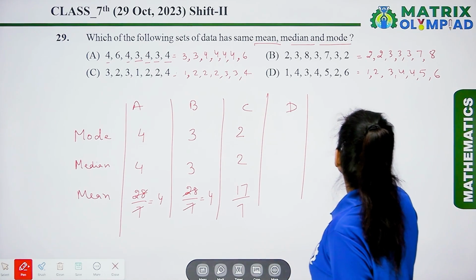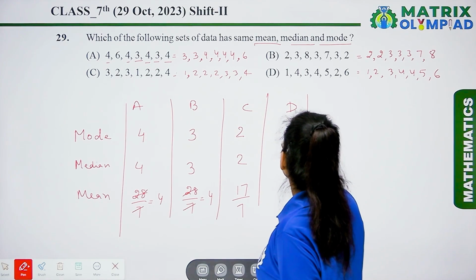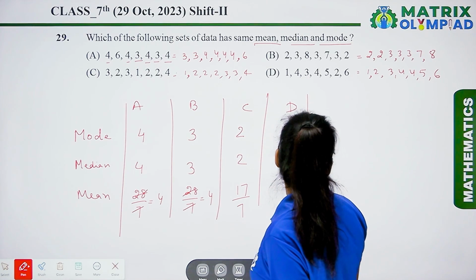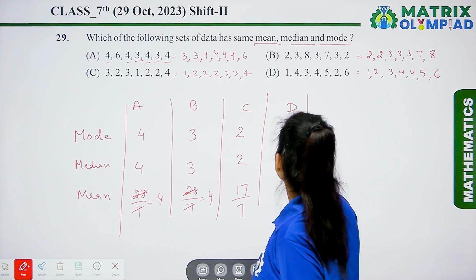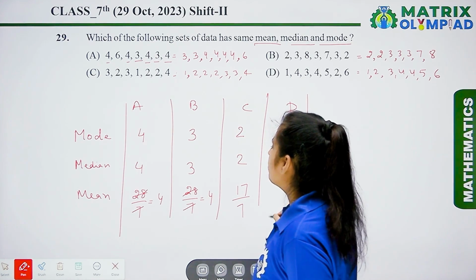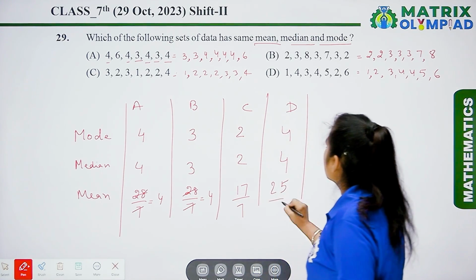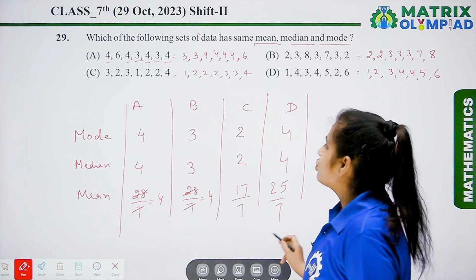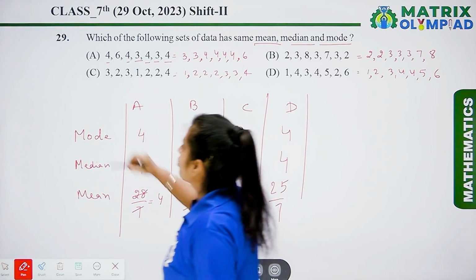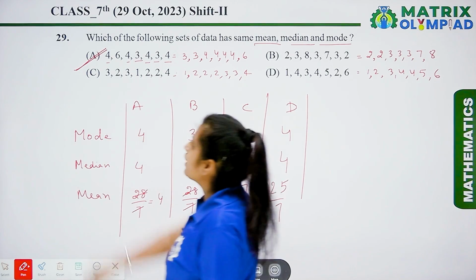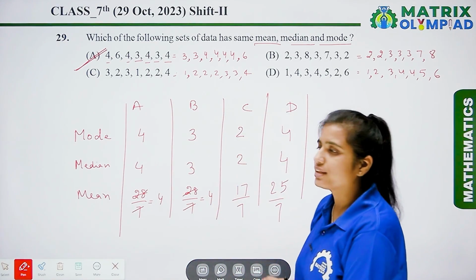Now the next, the fourth one, here mode is 4, median is 4 and the mean is 25 upon 7. So out of these 4 options, we have option A as the correct answer.